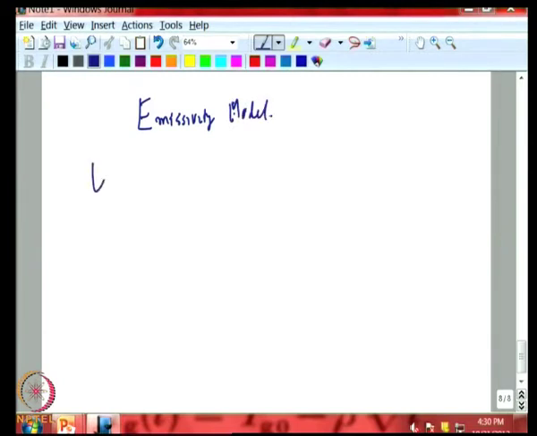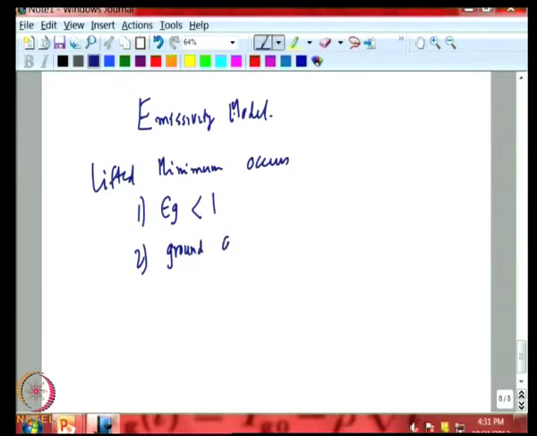It told us that the lifted minimum occurs if, 1, the ground emissivity is less than 1, and 2, the ground cooling rate is not too large.